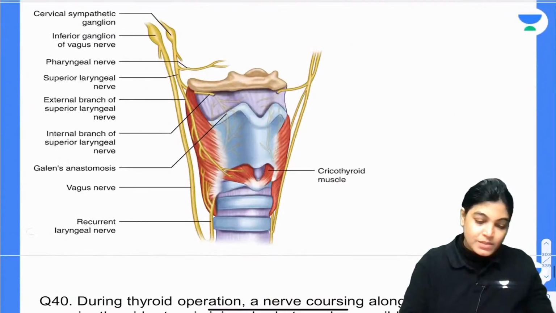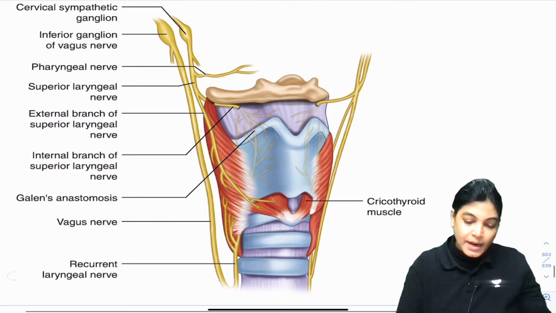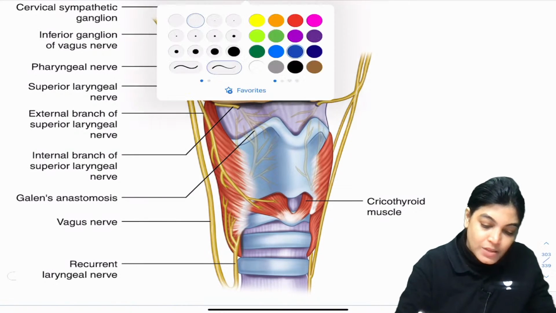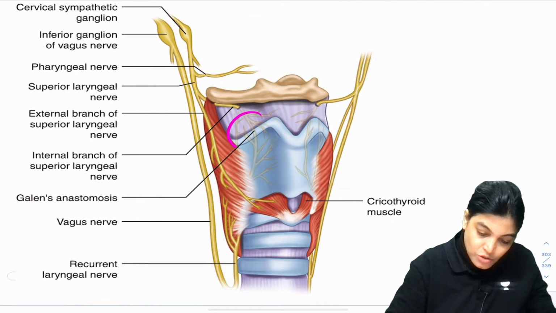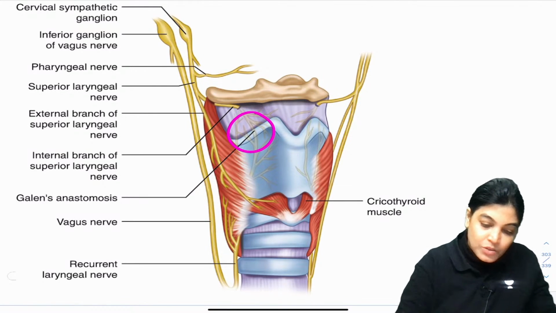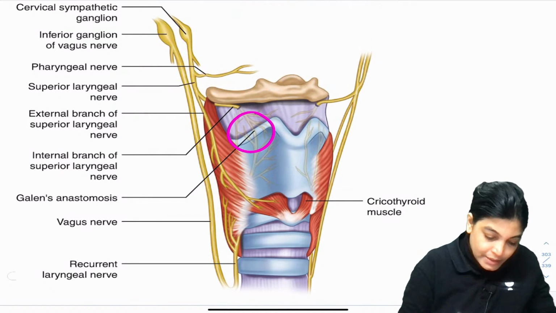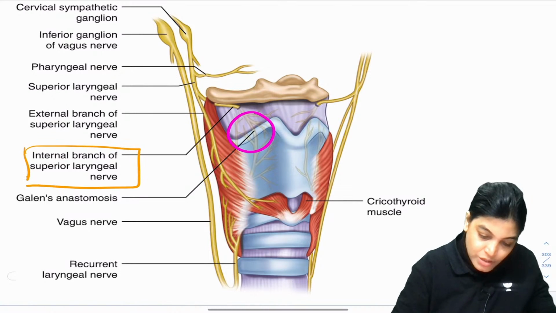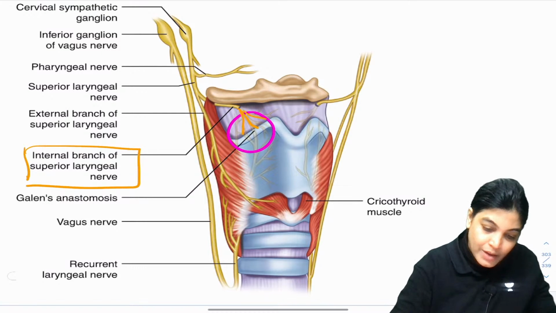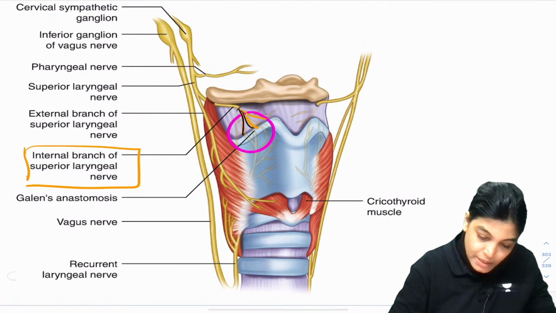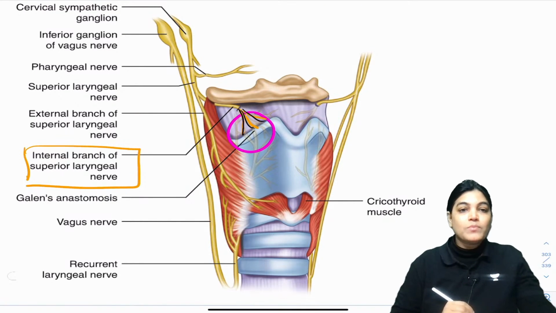My dear aspirants, I will enlarge this diagram. Here you can appreciate the anastomotic region, and you can clearly see the branches of the internal branch of the superior laryngeal nerve. I will use black color so that it will be easier for you. These are the branches from the internal laryngeal branch of the superior laryngeal nerve.